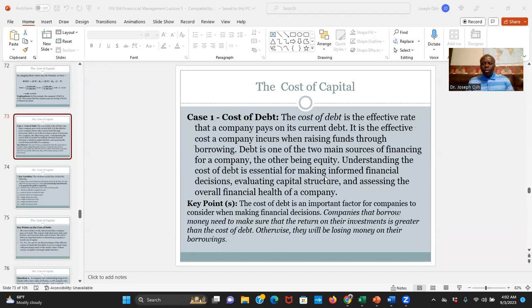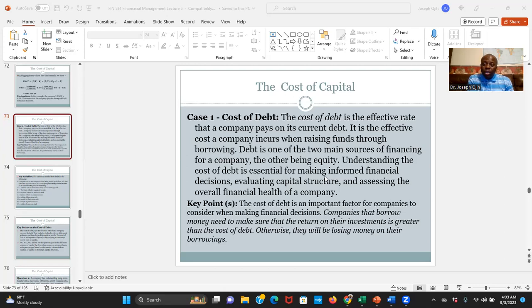Now, today, we will show you how to compute the cost of debt. But first of all, what is the cost of debt? I think that should be a good place to start.